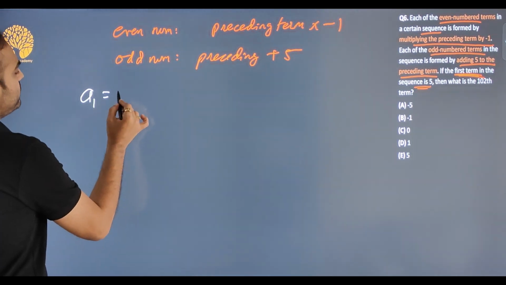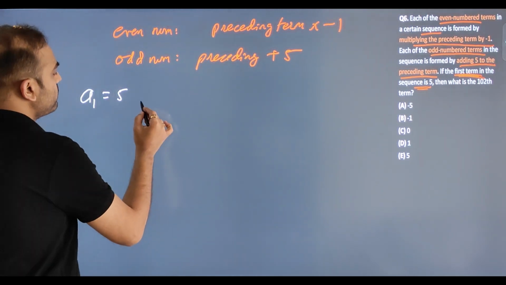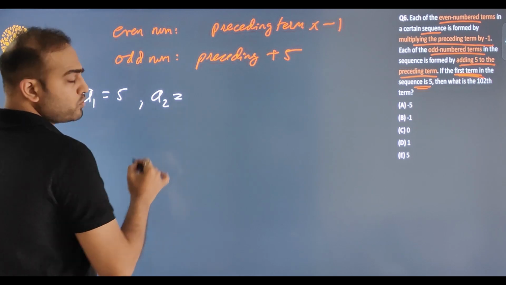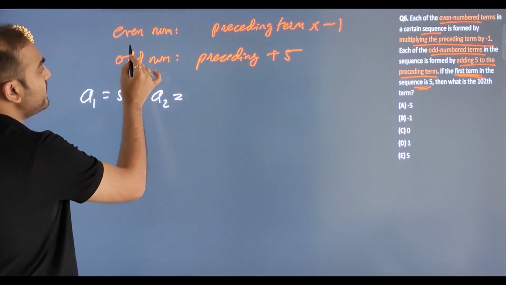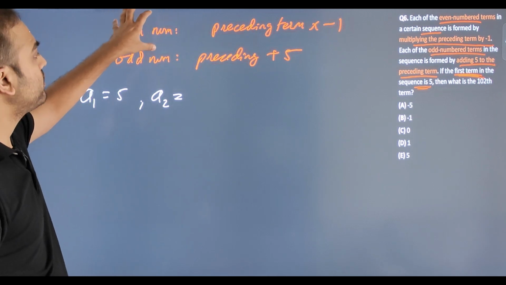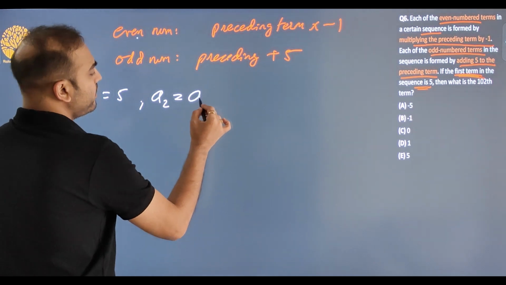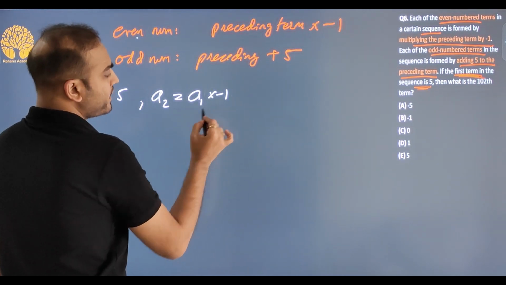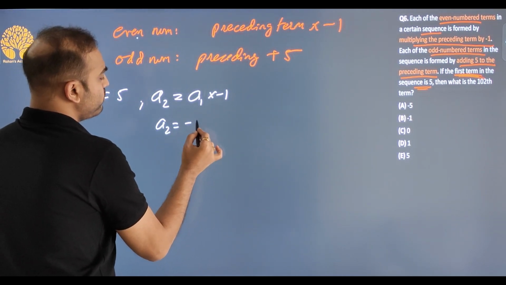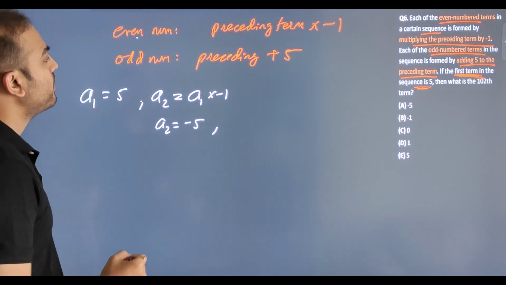So A1 is 5. Now what will be A2? This 2 is an even number, so I have to apply the even numbered formula. So A2 will be preceding term, A1 into minus 1.